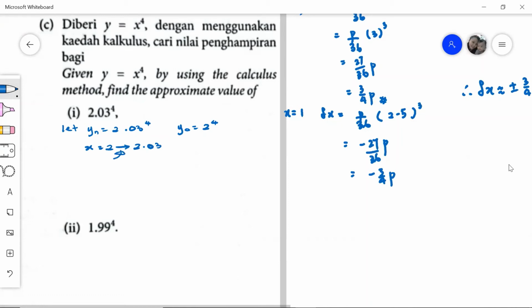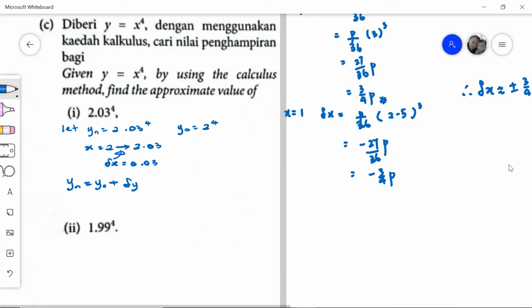So there is a very small change in x, that is 0.03. If we want to find the value of the new y, we have to take the original y plus the small change in y. So this is what we are supposed to do.